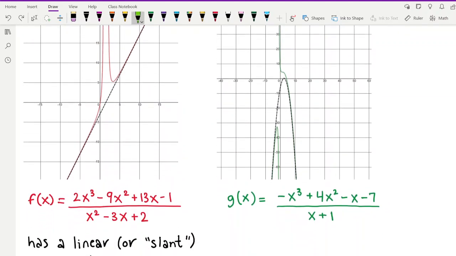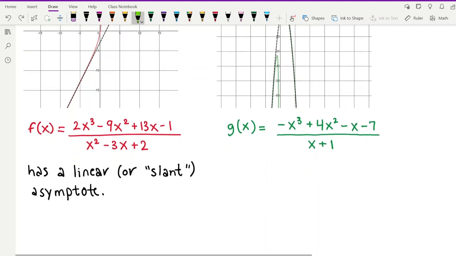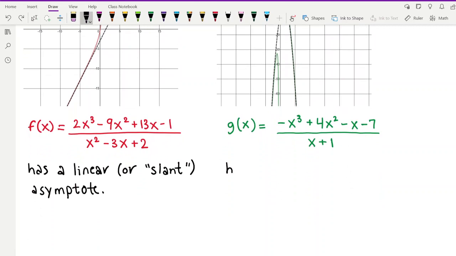However, if you look at what kind of shape the graph is taking on as x gets larger and larger or smaller and smaller, it's actually approaching the shape of a parabola. So this has a parabolic asymptote.